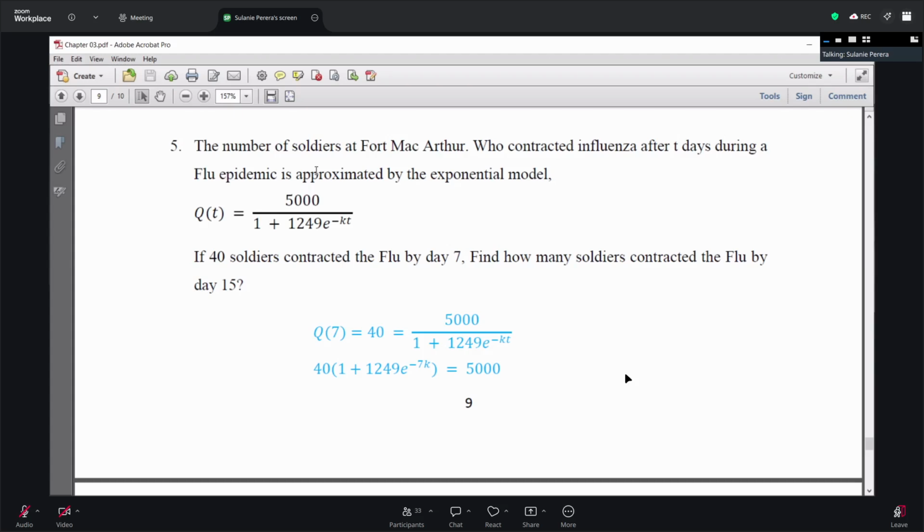So here again, you have to find k. First step is find k. In order to find k, they have given some data. They have said by day 7, 40 soldiers have contracted the flu. So t equals 7, Qt equals 40. So that is given.